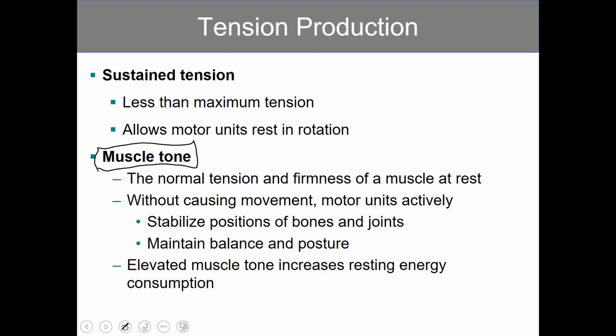So even at rest, we have motor units contracting, and that's going to be utilizing ATP, and that's going to burn calories. So we are constantly burning with increased muscle mass. One of the weight loss strategies is to increase your muscle mass, because the more muscle tissue, the more tone, and the more tone, the more energy you're burning 24/7. I always like to say, your fat sleeps when you sleep, but muscle is going to burn 24/7.